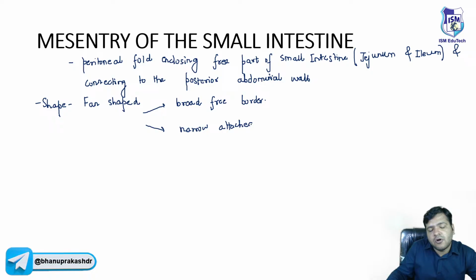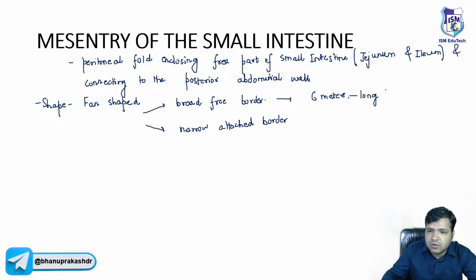When I say the broad free border, basically beta, it is 6 meters. It is long, obviously, and it encloses the jejunum and ileum. Now, when I say narrow, it is 6 inches.